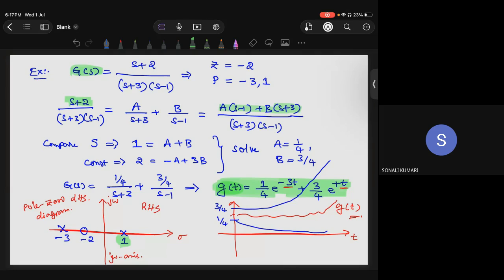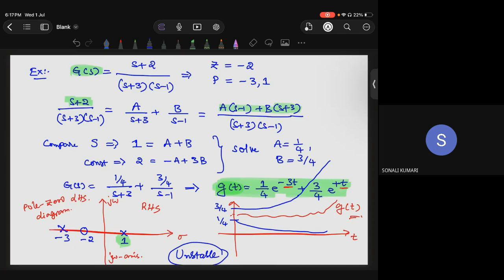If we have n poles, even if one pole is existing on the right hand side, that will make sure that the system will not converge to 0. Correct? Hence, the system becomes unstable. Is that clear? Even if n minus 1 poles are on the left side.